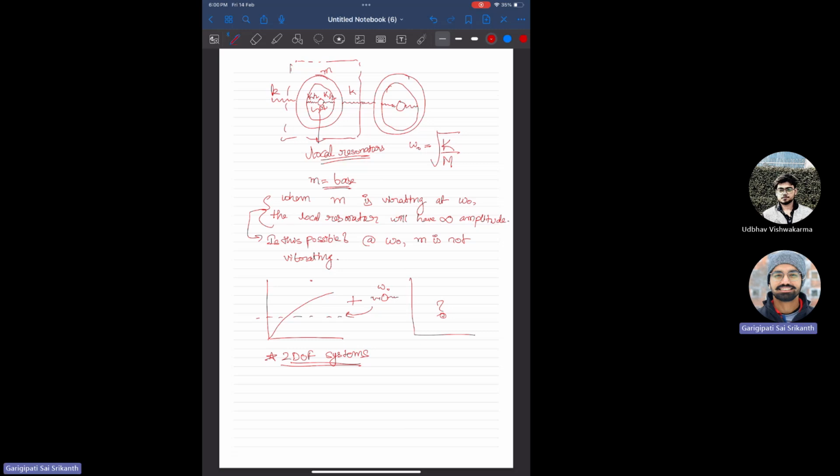So let's begin by drawing the free body diagrams. Okay. So free body diagram for M. Right, there are two springs. Okay. And so what is this spring pulling it with?